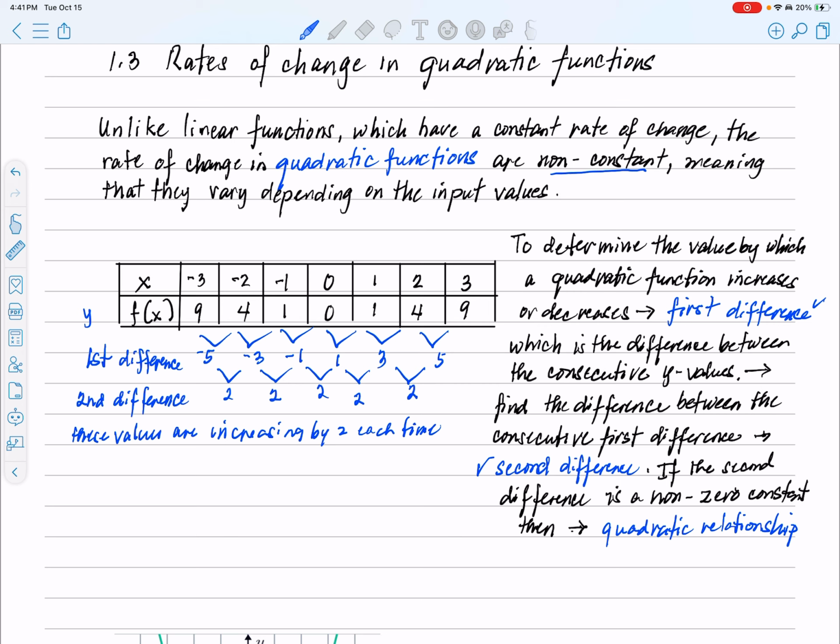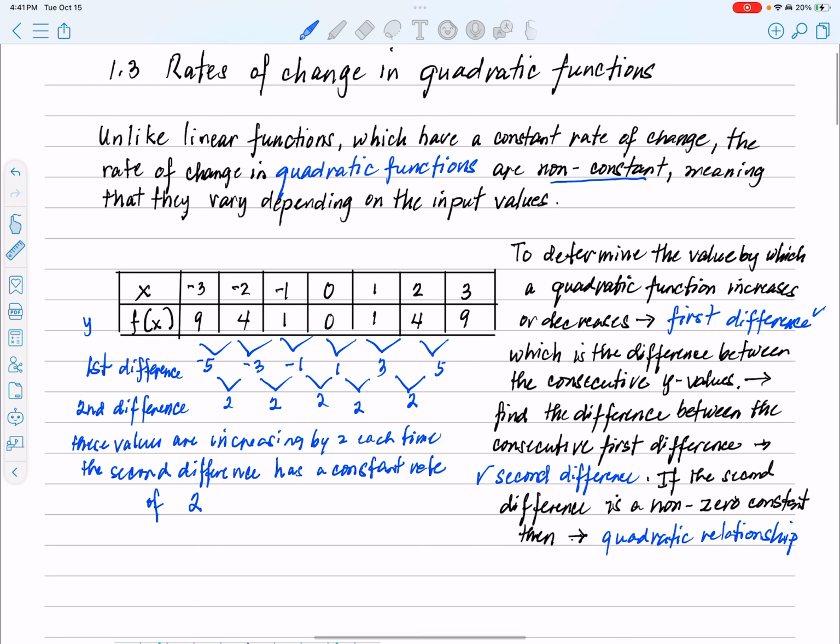So the second difference has a constant value of 2. What can you say about the second difference? It has a value of 2, and it is constant. What's the difference between this and linear?